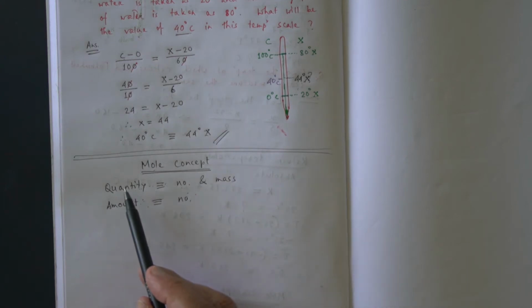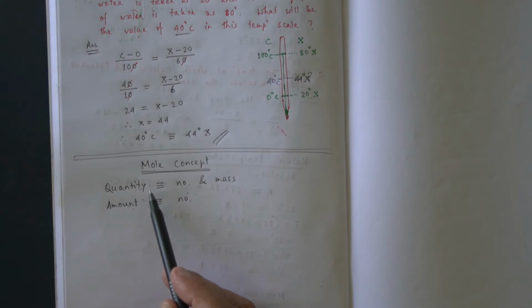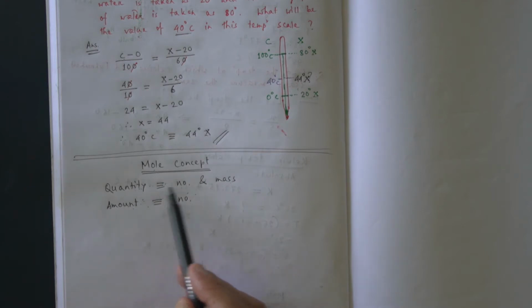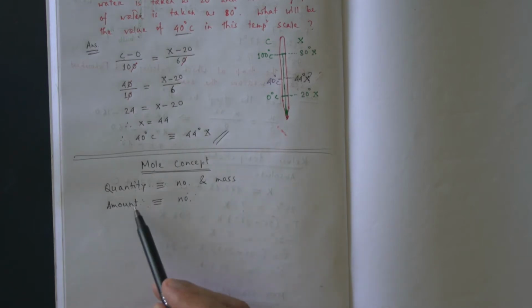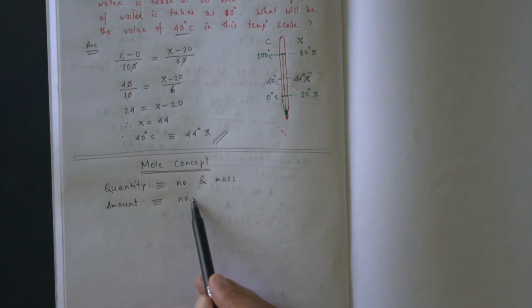So from the dictionary meaning, it is the same, but in chemistry they have different meanings. Quantity will mean both number and mass, but amount will mean number only.